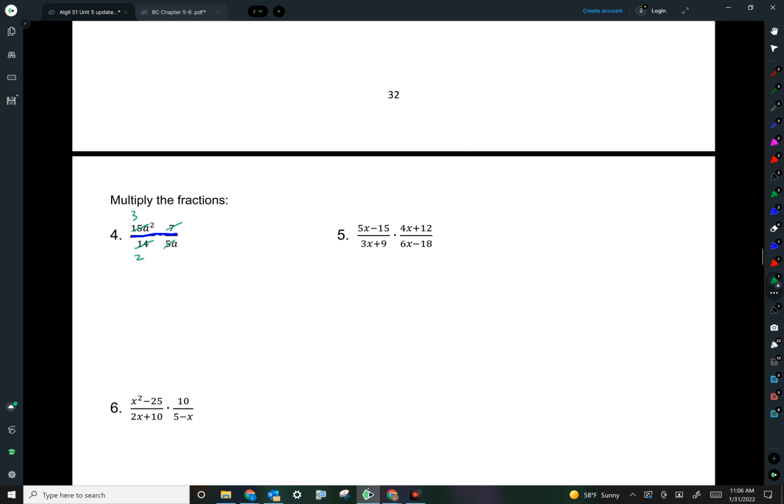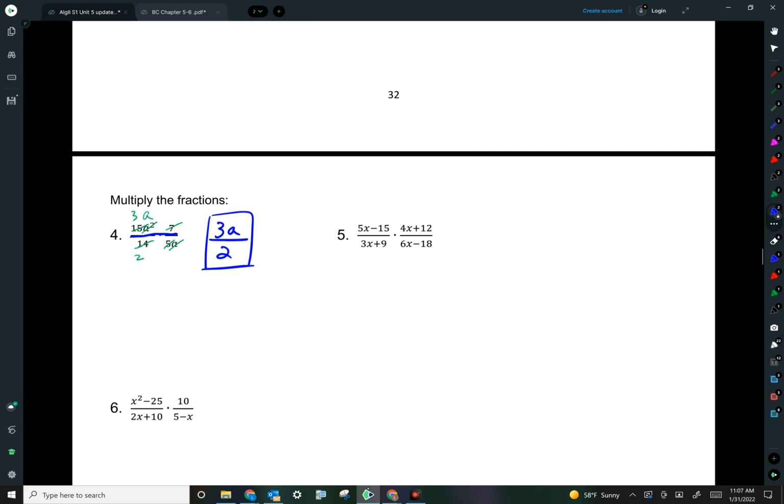And then a squared over a, you can think of it as subtracting exponents if you want, but you could just picture, hey, this is like having a times a on the top and just a single a on the bottom. So won't that a cancel with the a squared and leave a single a? So my final answer, on the top, all I have left is 3a, and on the bottom, all I have left is 2. Okay?